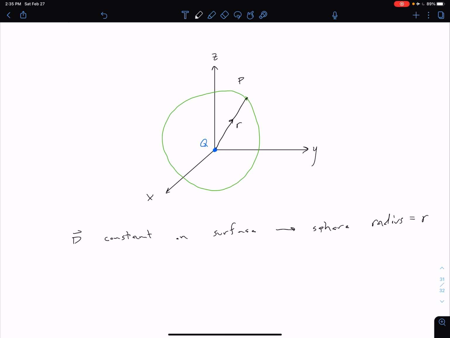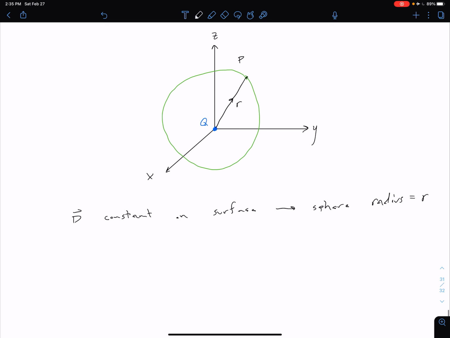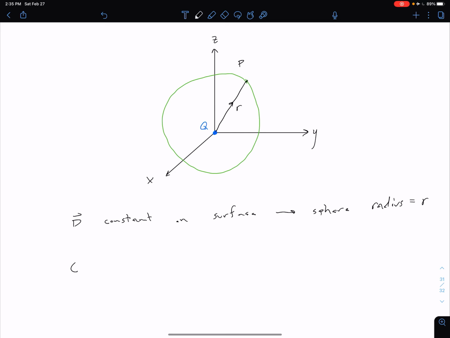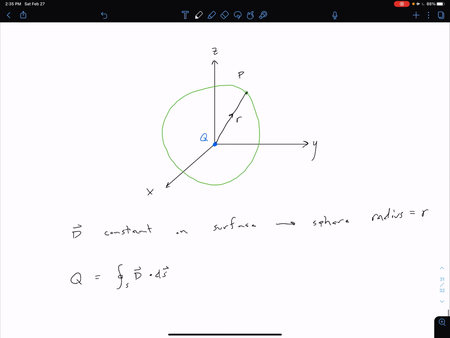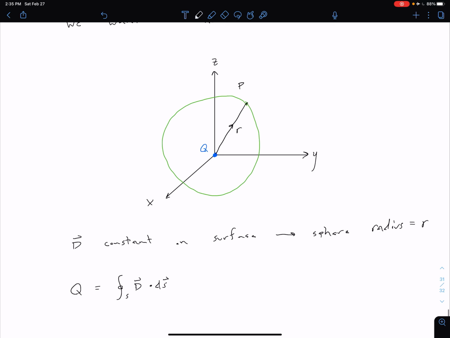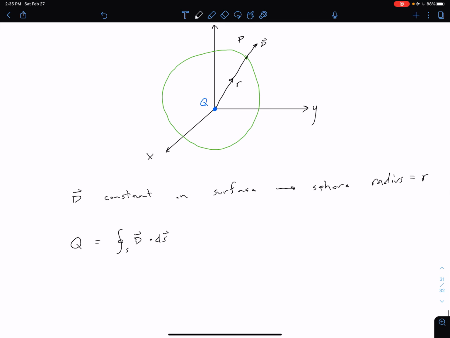All right, so now from Gauss's law, we're saying that our total charge Q should be equal to the surface integral over S, and remember it has to be a closed surface, of D dot dS. We've intentionally defined this such that at that point P, our electric flux density is going to be purely normal to the surface. Because of that, we're going to reduce this integral.